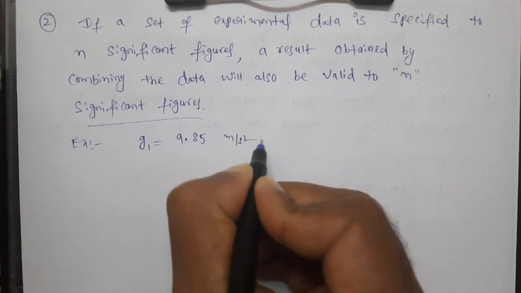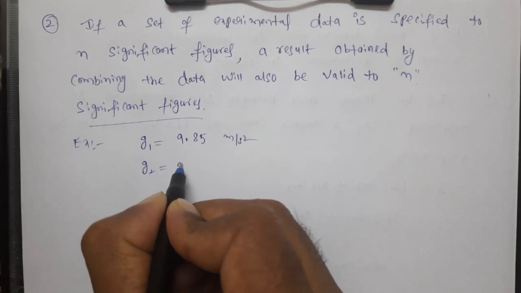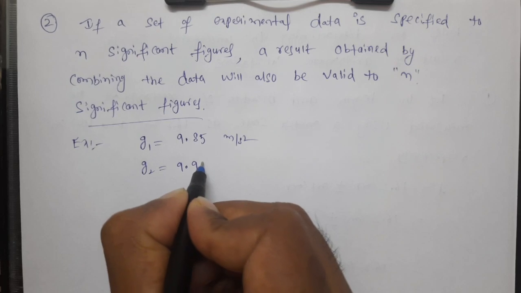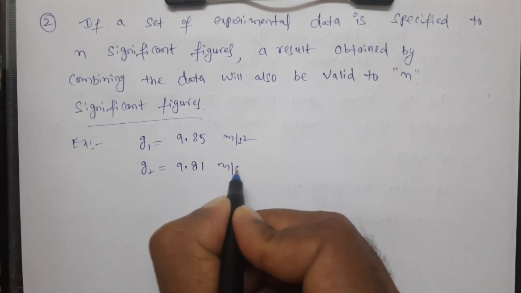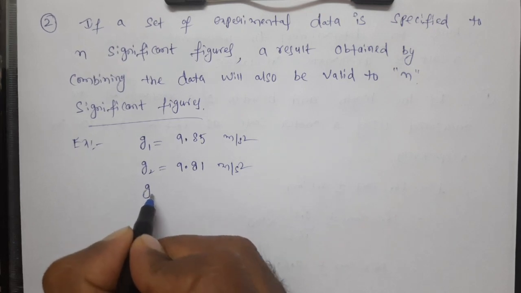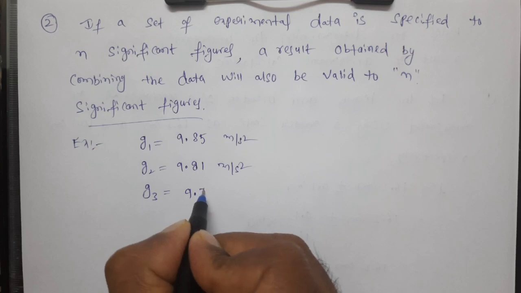The second time I am doing the experiment, G2 is 9.81 meter per second square. G3 is equal to, I am getting 9.72 meter per second square.